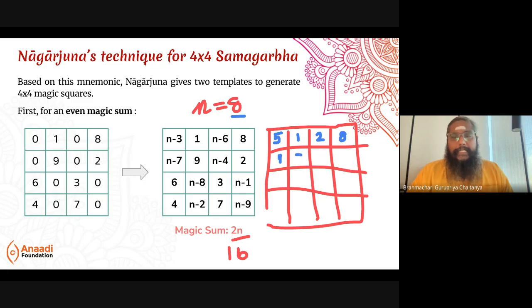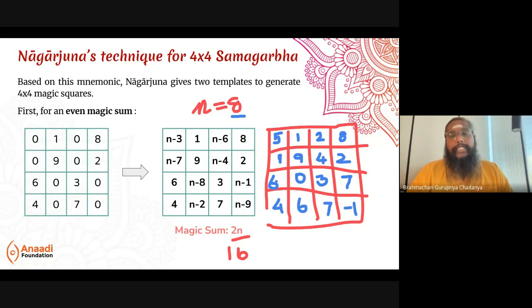This is 9 as it is. N minus 4 is 4. 2 is 2 as it is. 6 is 6 as it is. N minus 8 is 0. 3 is 3. N minus 1 is 7. This is 4. N minus 2 is 6. 7. And n minus 1.